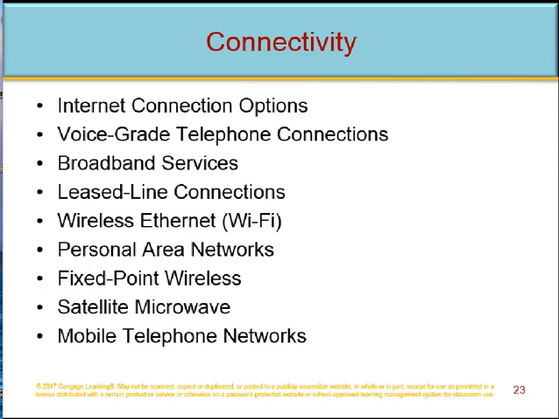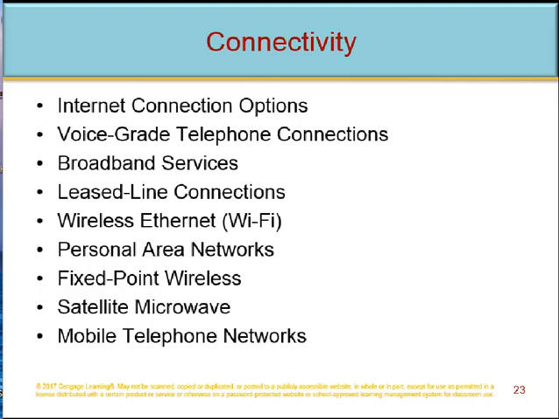The speed is impacted by the objects the signal must pass through. A wireless access point, or WAP, transmits packets between Wi-Fi equipped computers and other devices within range. Devices are capable of roaming, or shifting from one WAP to another, without human intervention.